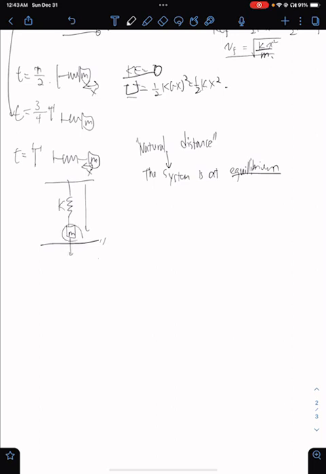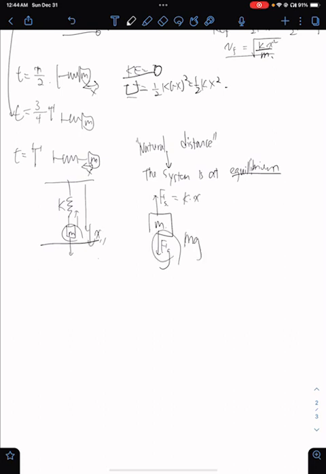let's draw the free body diagram of that block with mass m. It's obviously going to feel the force of gravity, mg, and it's going to feel the force of the spring pulling it towards the original length of the spring, which would be k times x when it is extended by x.